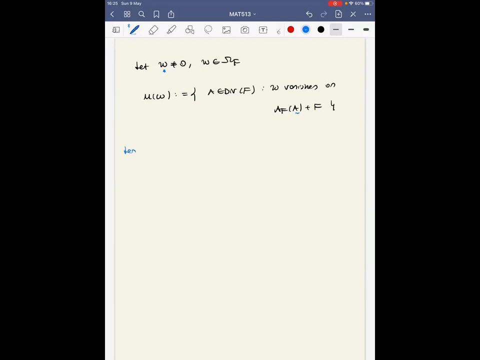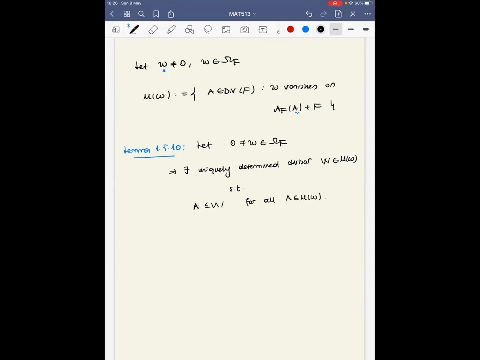So more explicitly, what I want to say, our first purpose will be to see that if we consider all divisors such that this given non-zero Weyl differential vanishes on their other space plus F, then there exists a uniquely determined divisor omega such that for any divisor in M of A, we have that it is less than or equal to omega.